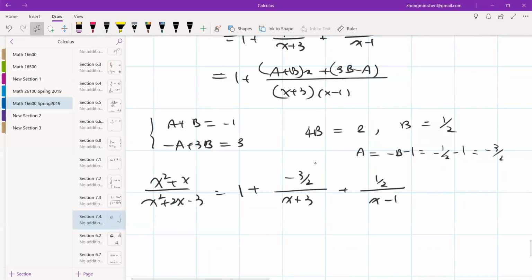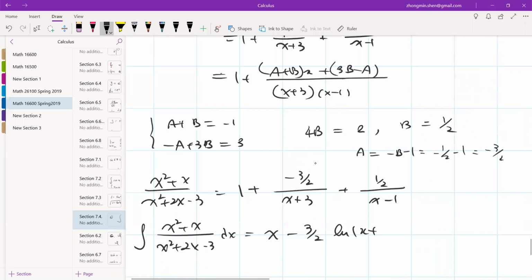So the integral of x squared plus x, I get the integral of x, which is x, integral 1, which is x, then 3/2, then 1/2, and plus constant.